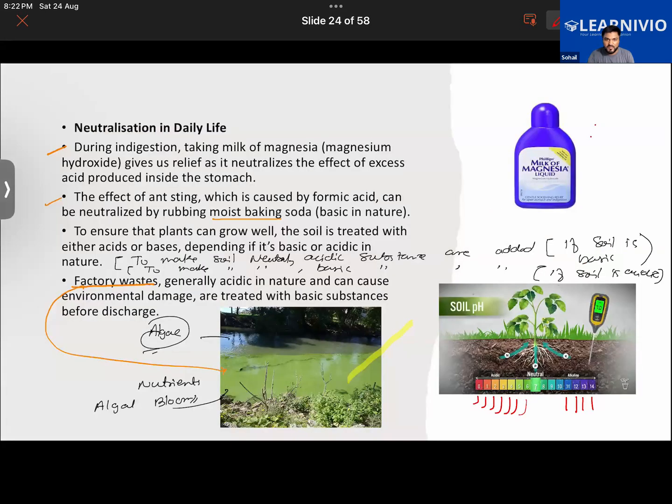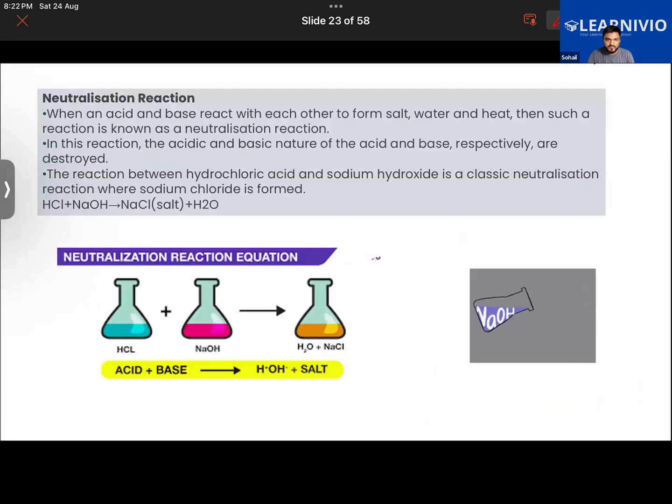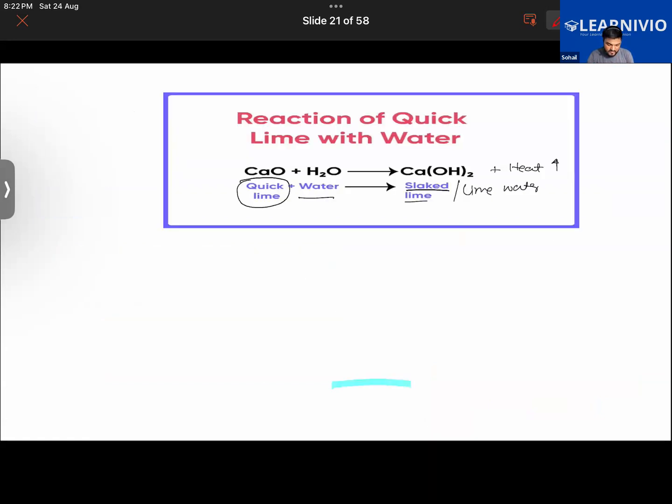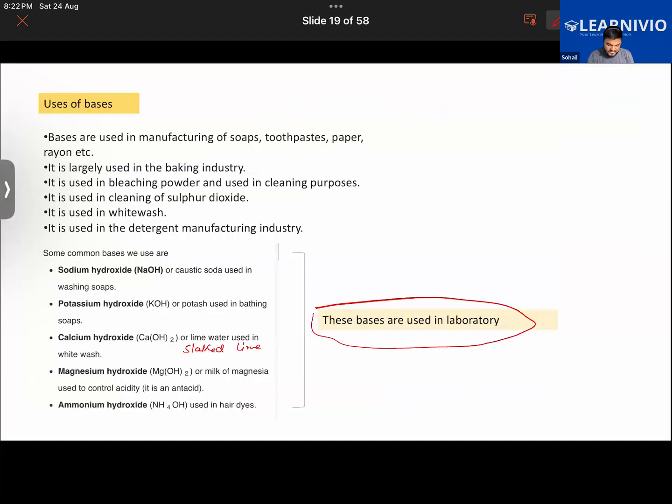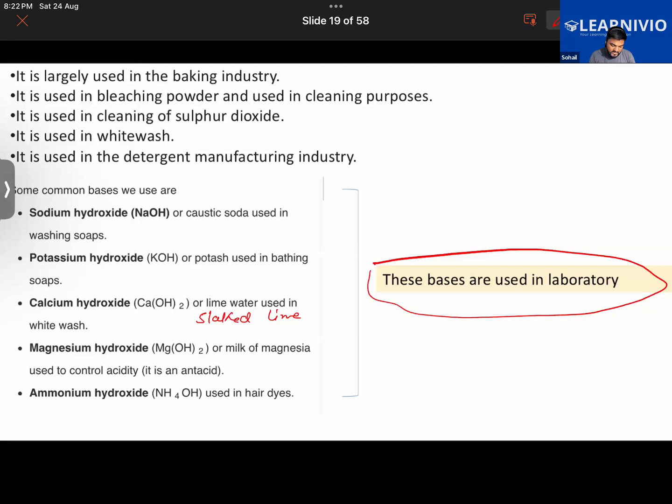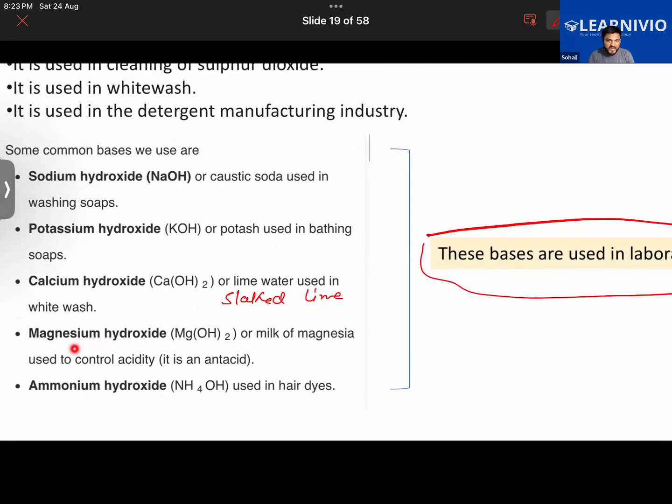See, this milk of magnesia. While we were learning about uses of bases, you guys forgot to note down this thing. Remember magnesium hydroxide? This is commonly called milk of magnesia, and it is used as an antacid to control acidity. It neutralizes the acid.